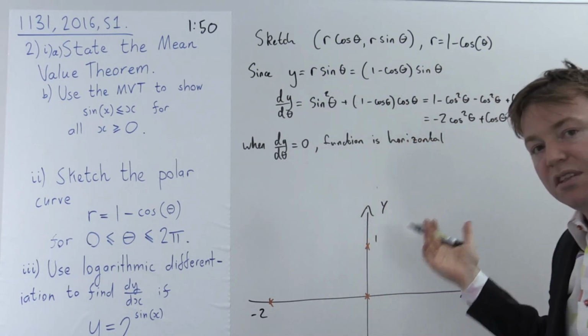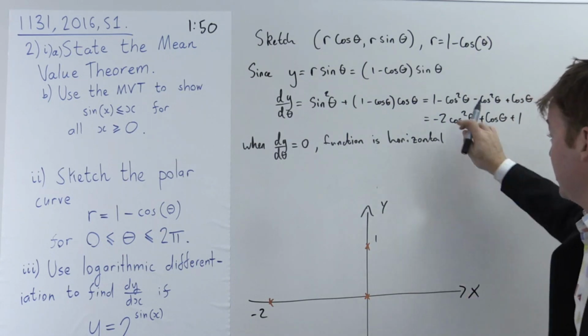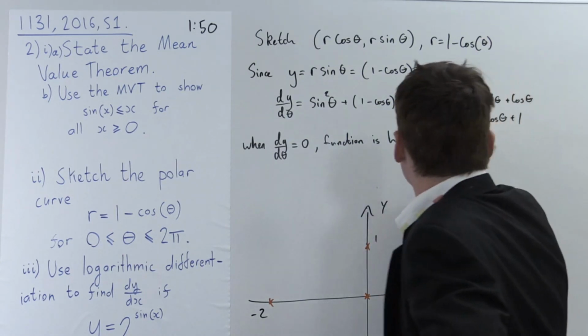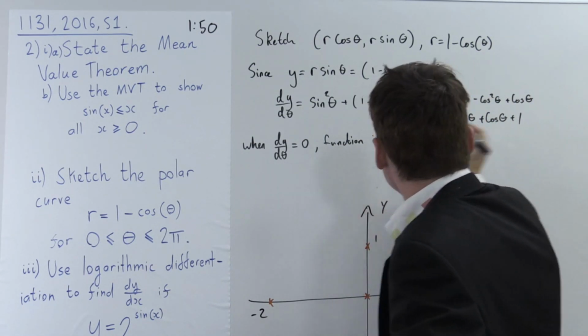So I want to set this equal to 0 and find out for which values of theta do I get something horizontal. Well, it turns out that this is just a quadratic, right?